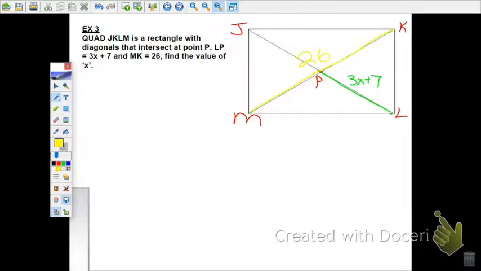We want to find the value of x. So what can we do for this one?